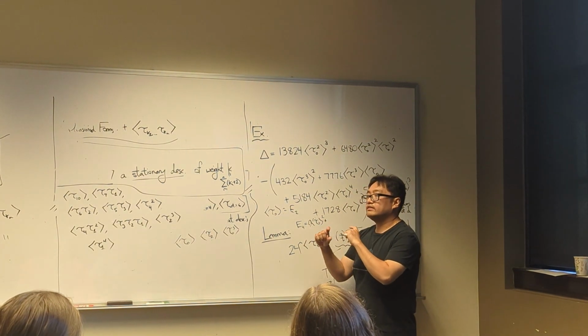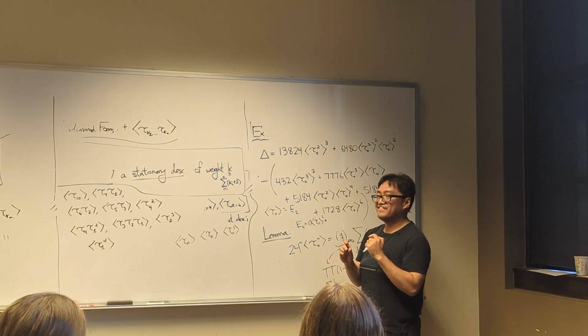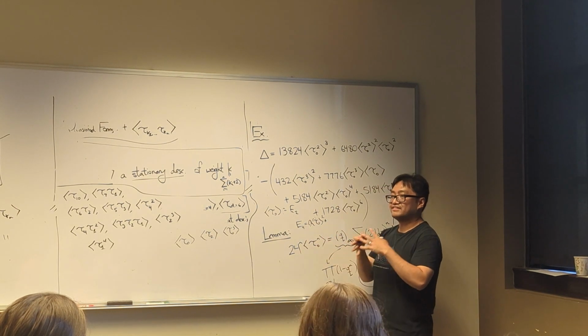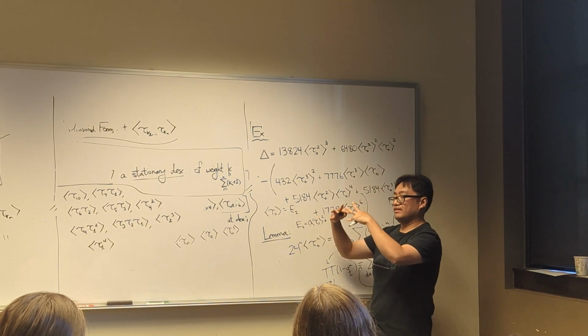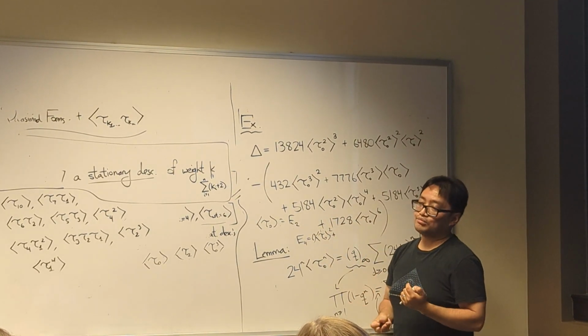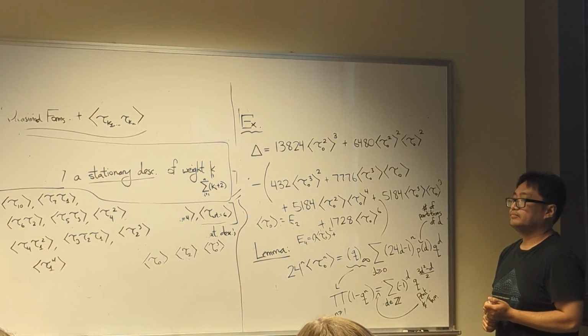Conjecturally, yes. I've done it for very low weights, like E4, E6, E8. You can always write those as a linear sum of stationary descendants of that weight. But I don't know how to prove it. So it's not like you necessarily need to use tau naught.